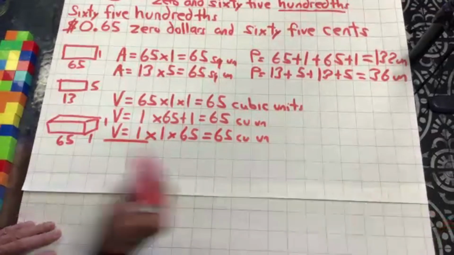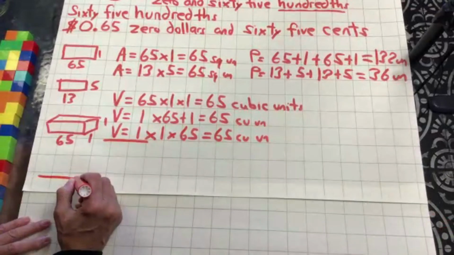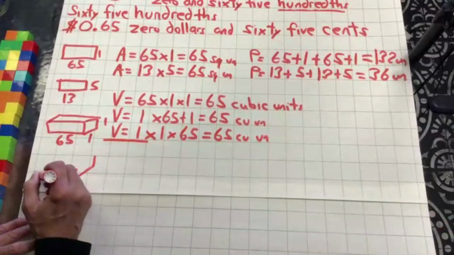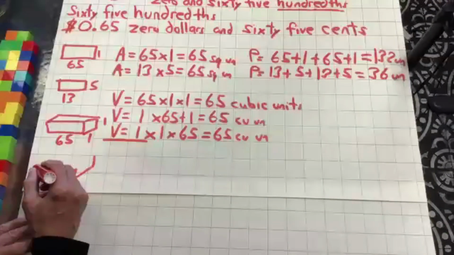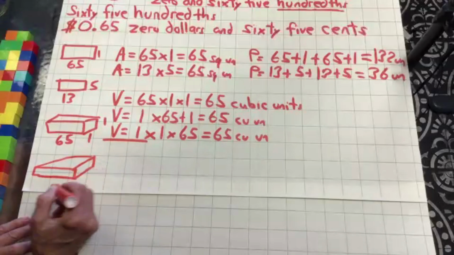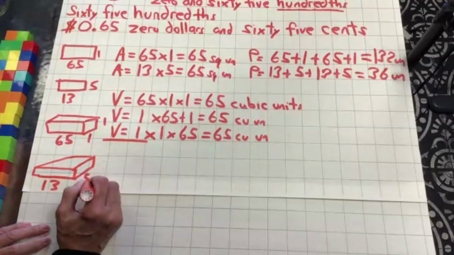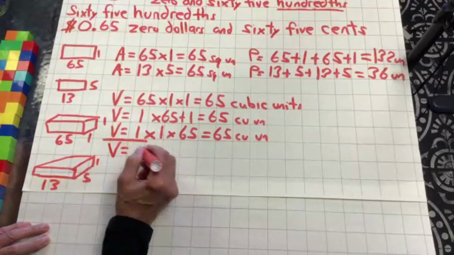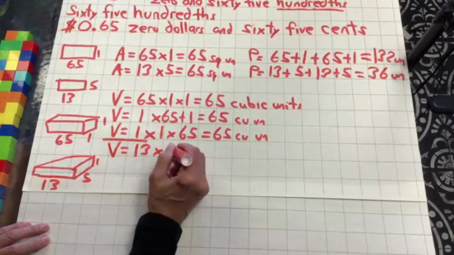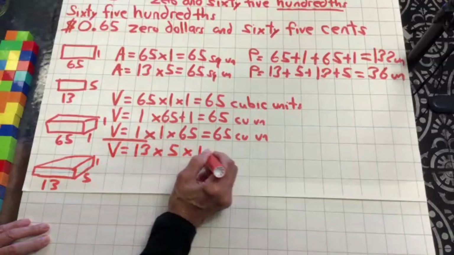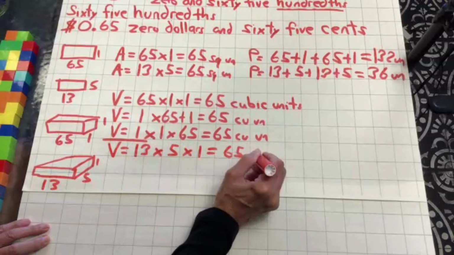Then our last one would be a 13 by 5 by 1. So I'm going to try and draw that 13 by 5 by 1. So that would be 13 by 5 by 1 equals 65 cubic units.